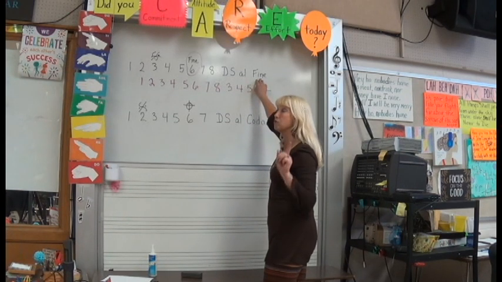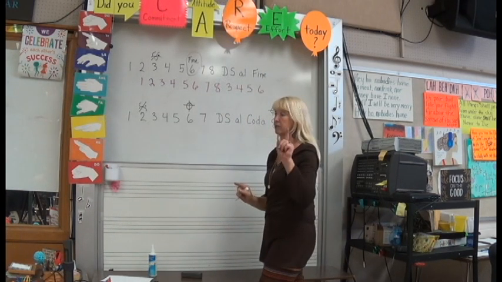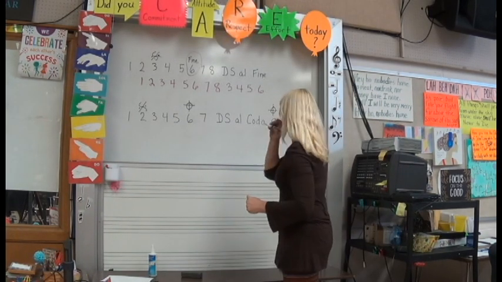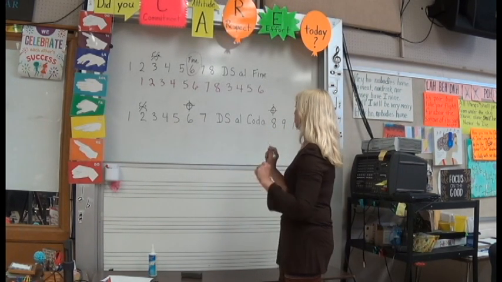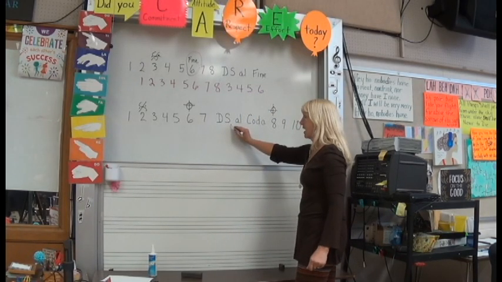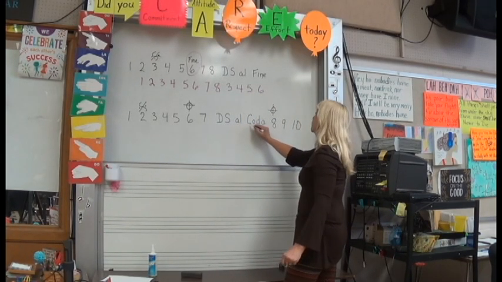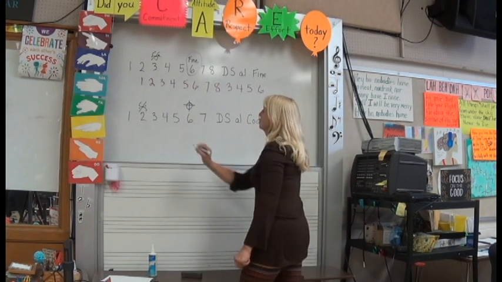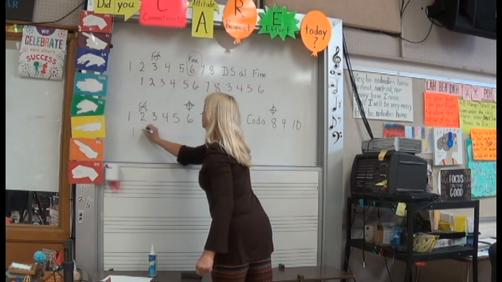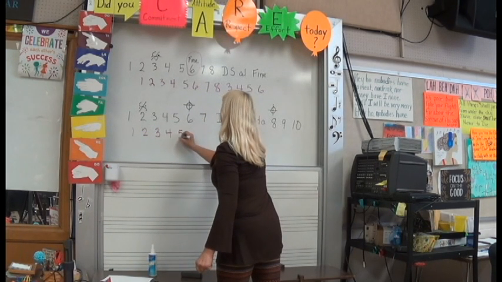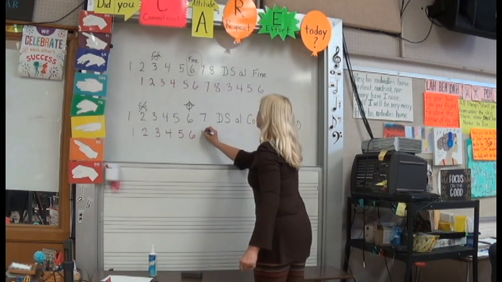All right, try and do the letter one. Pause and do the letter one. Okay, last one. So we have, this is quite a bit. We have go back to the sign, and then you go to the coda and match up codas, because they're going to match. So we have 1, 2, 3, 4, 5, 6, 7.